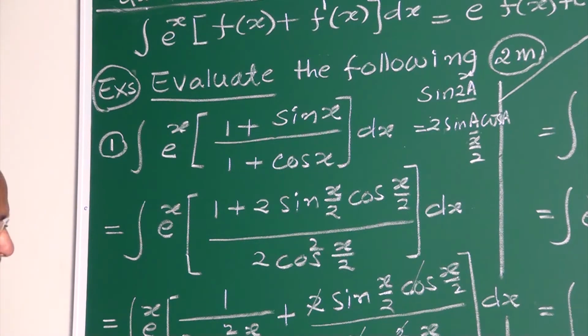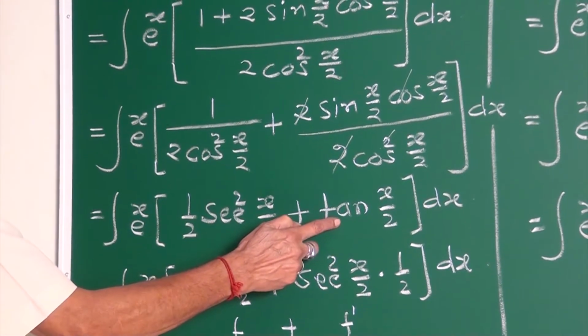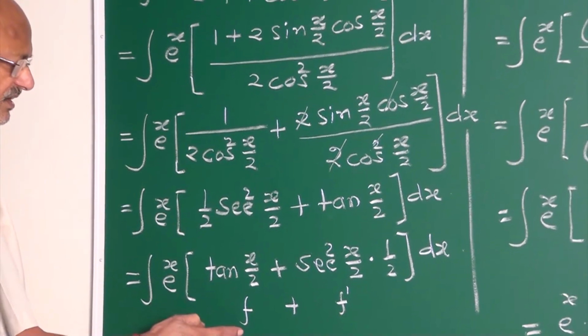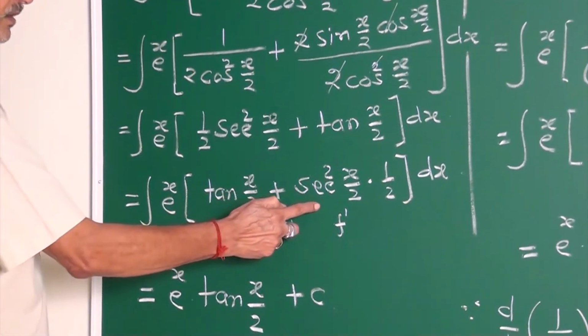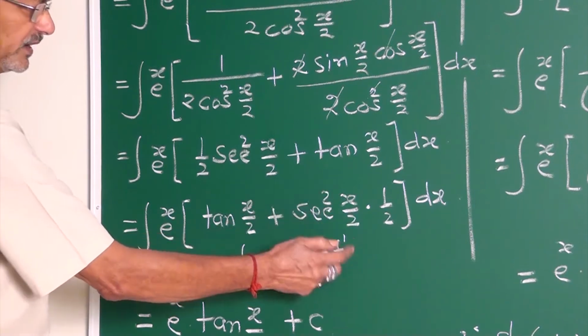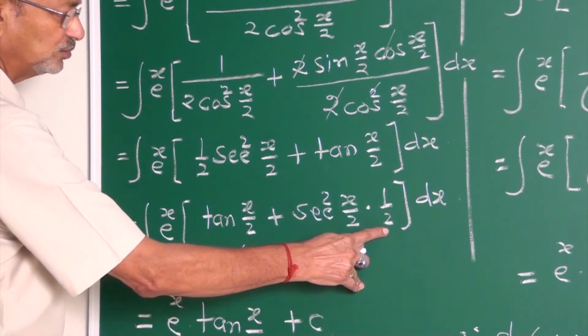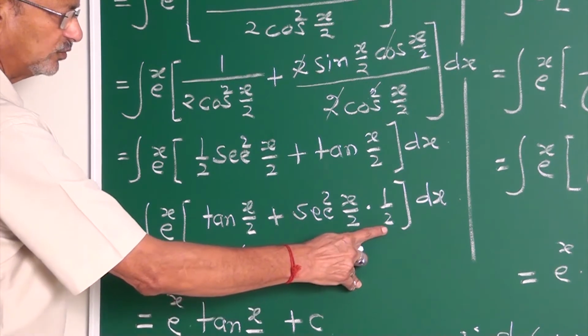You know the relation now. Derivative of tan is sec square. So your tan x by 2 is in the first place the function f. Plus the derivative of tan, which is sec square x by 2. What about the angle? Other than that, the coefficient of x, what is the coefficient of x by 2? It is 1 by 2.